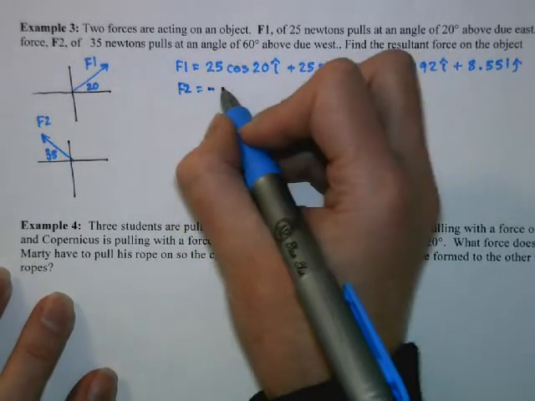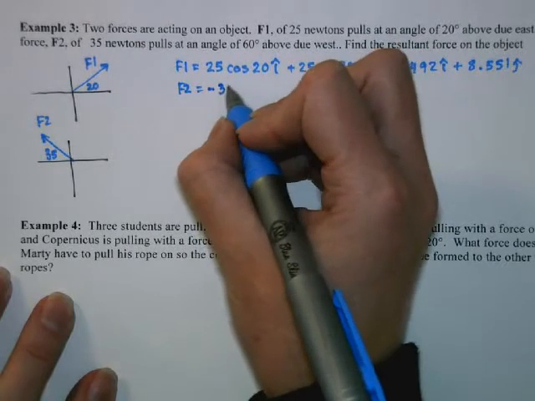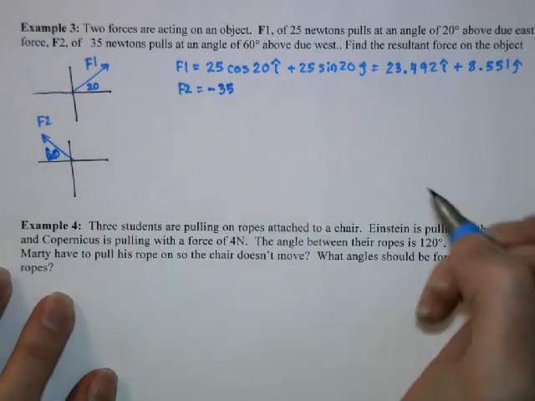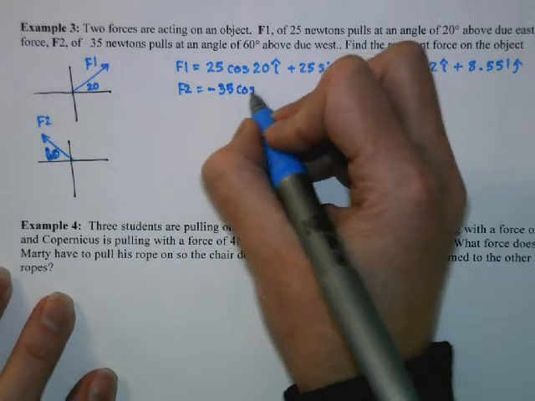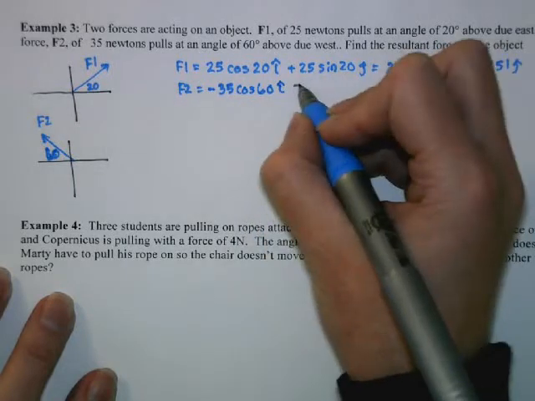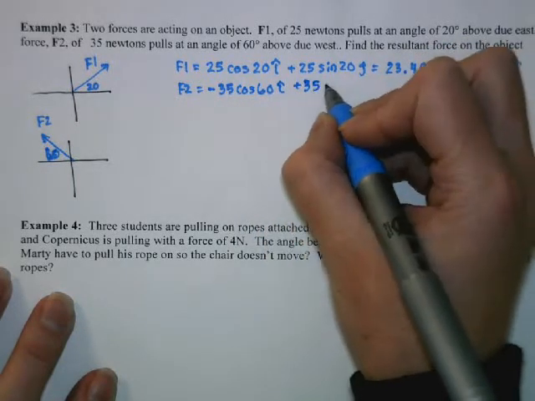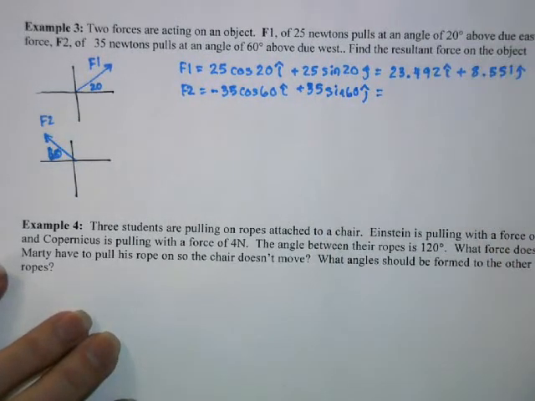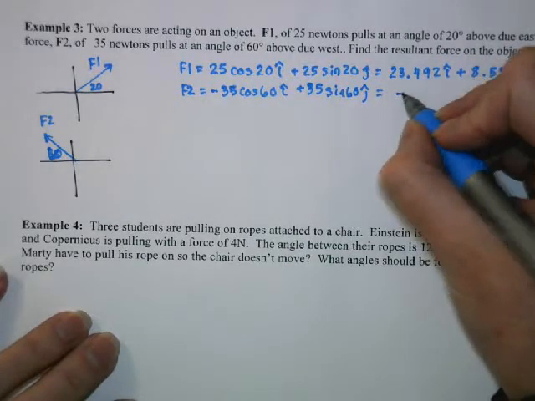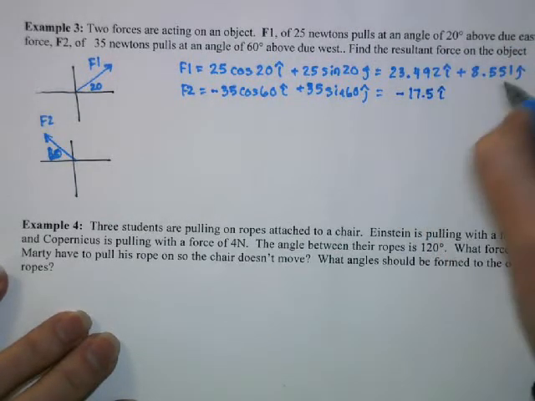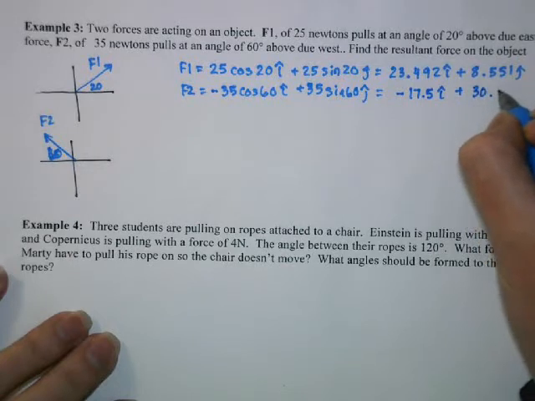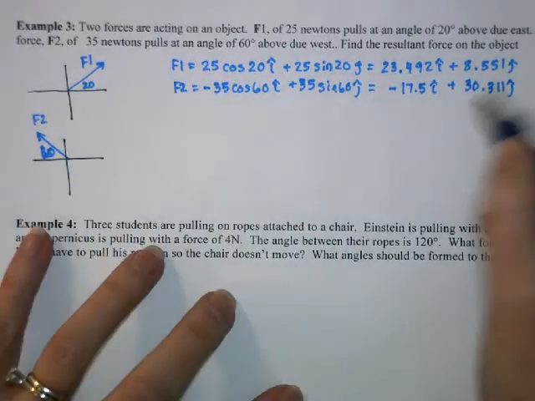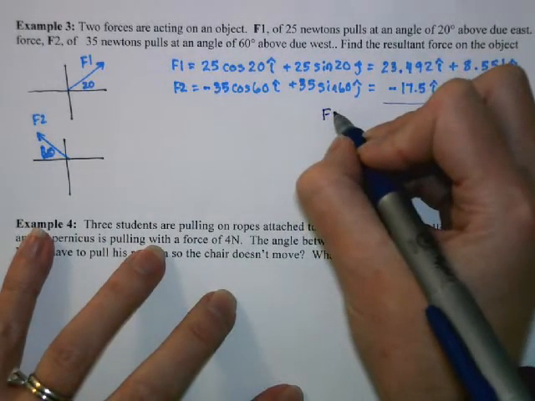So we're going to have a negative 35, no, I wrote that 30. This is 60 degrees here. Cosine 60. Okay, so that angle is 60. Then calculator, we get negative 17.5 in the x direction and 30.311 in the y. Now, we'll add those together.